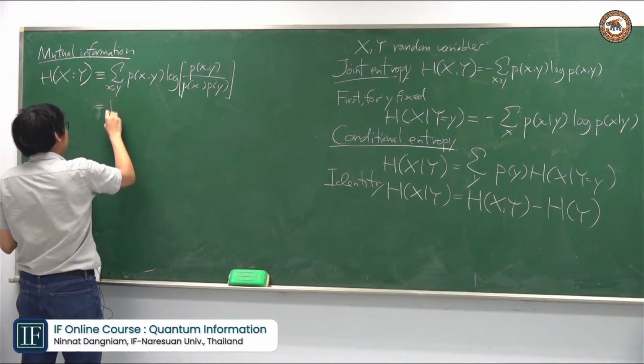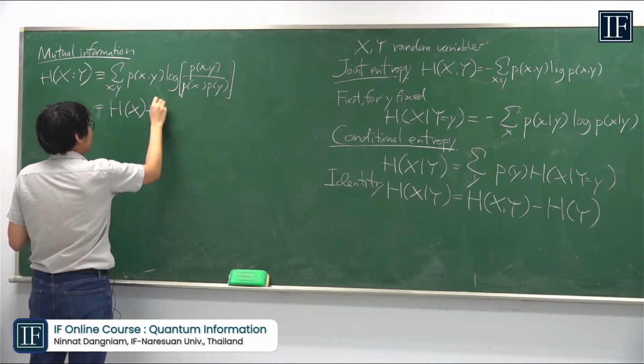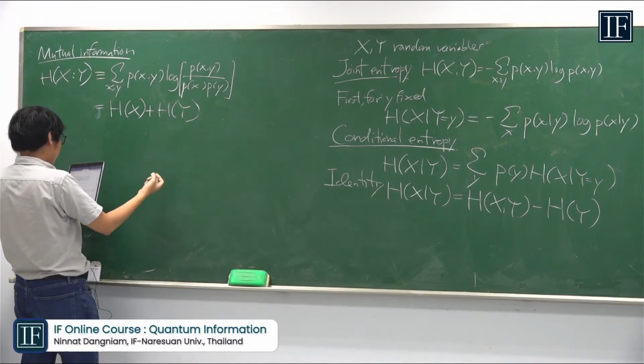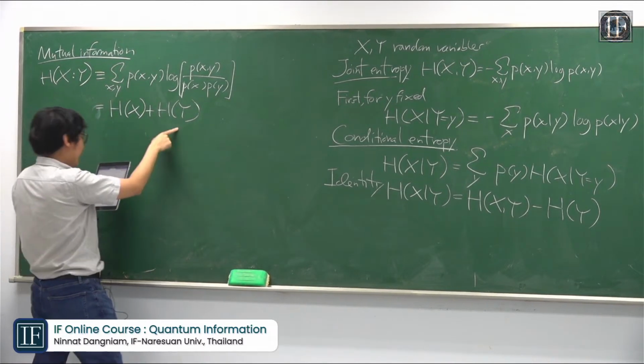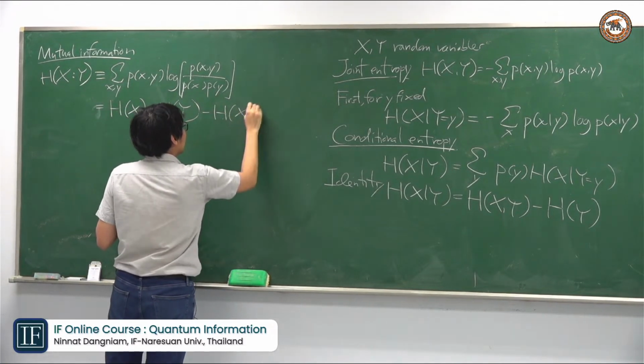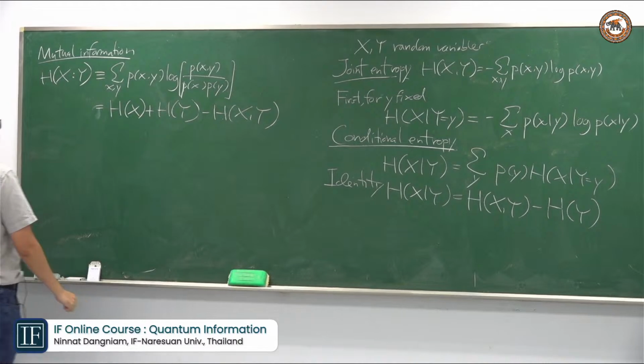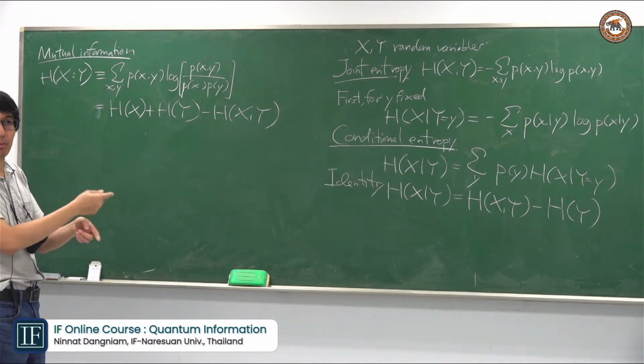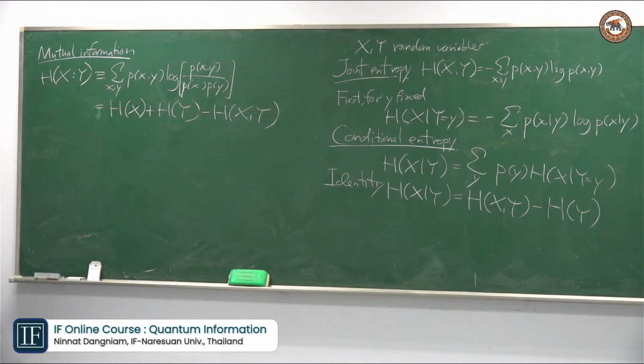And I will just write here that it is the information that you gain from learning X and learning Y separately, or, saying it another way, the information that you gain from learning X and Y jointly that is not in X or Y separately.